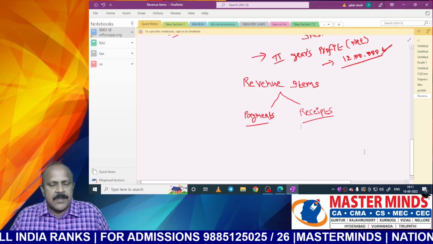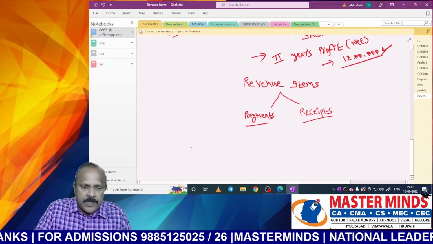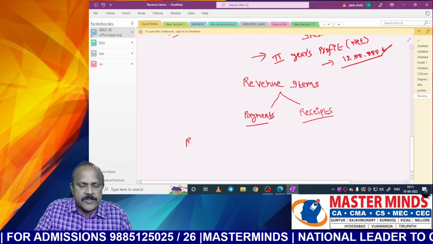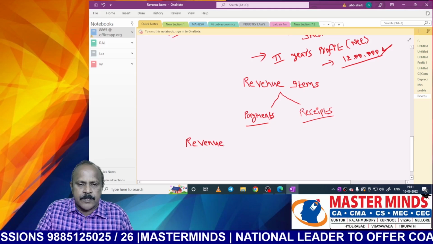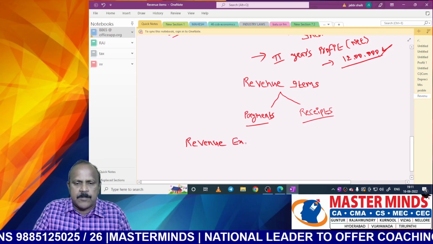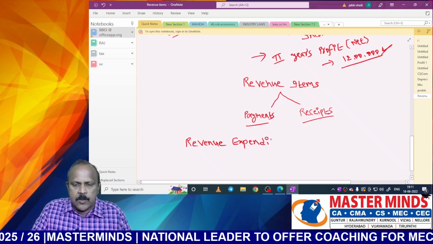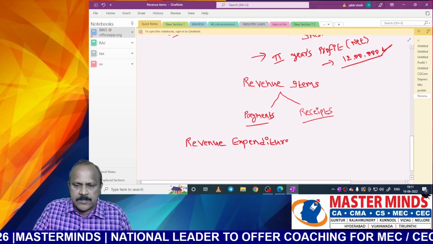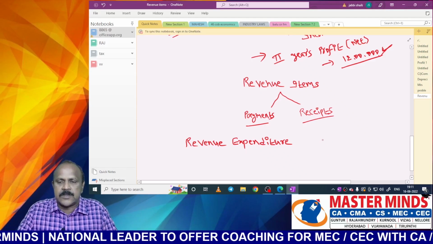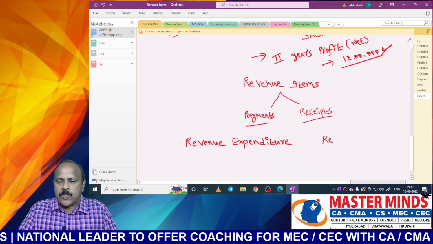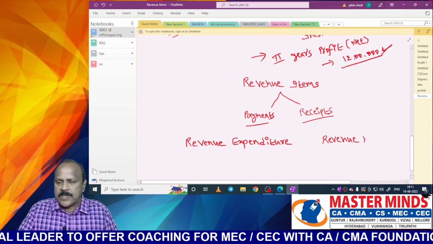After that, if a revenue item is of payment nature, it is called revenue expenditure. If a revenue item is of receipt nature, it is called revenue receipt.